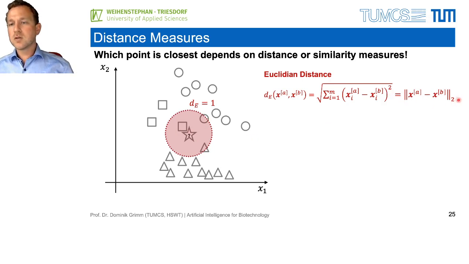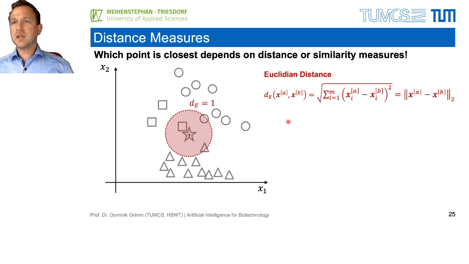This is usually also written like this: we have these 2 vertical lines, then we write x superscript A minus x superscript B, and then we write here 2. This indicates the L2 norm, that's also called the L2 norm.